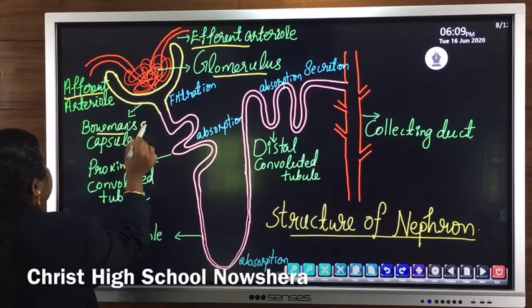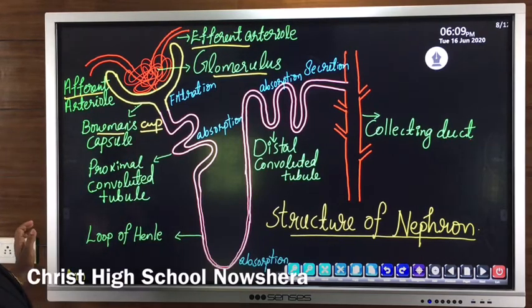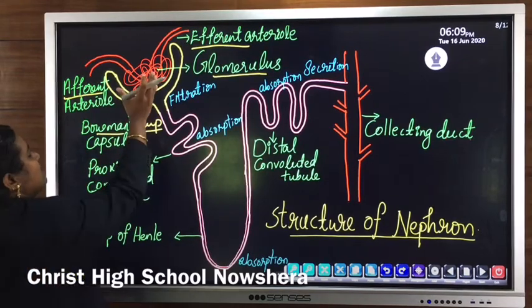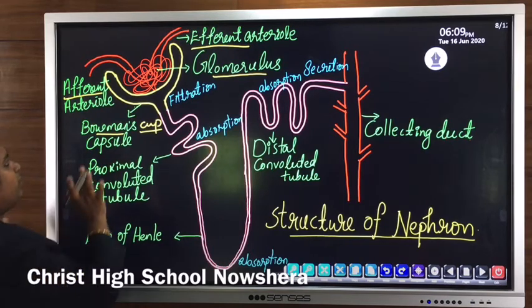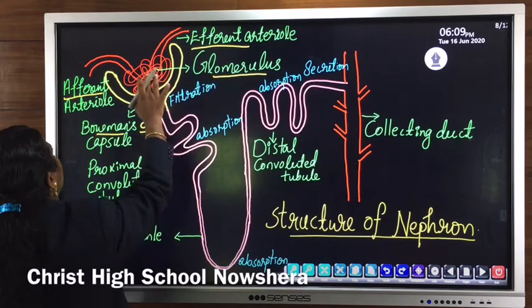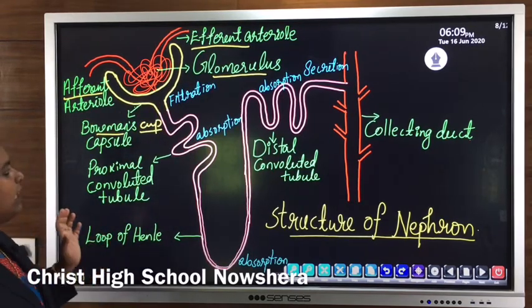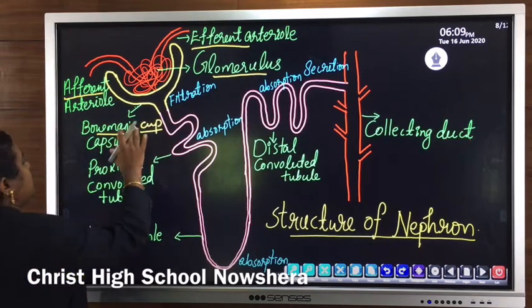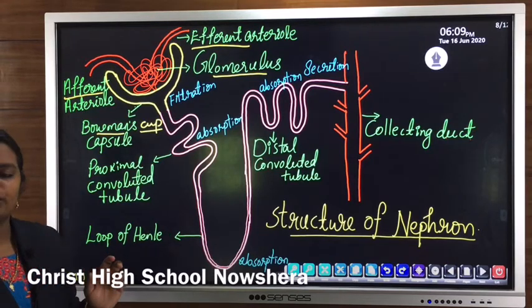Bowman's capsule is a cup-shaped structure, and the glomerulus, the blood vessels, is located inside that cup-shaped structure. Bowman's capsule is this yellow colored cup-shaped part, and the glomerulus is located inside it. Glomerulus and Bowman's capsule together are known as the first part of the nephron, the Malpighian body.